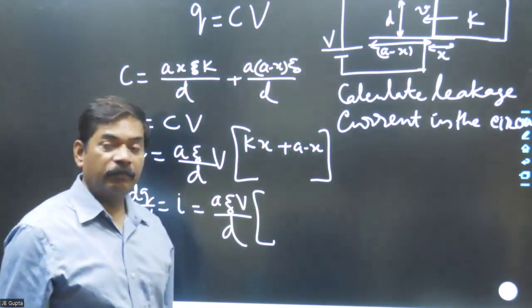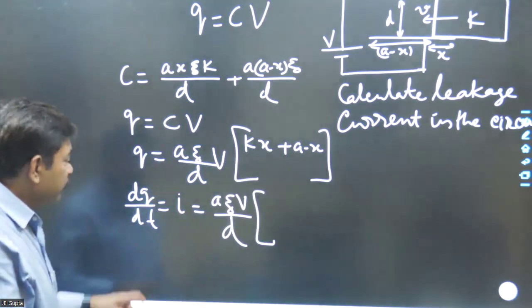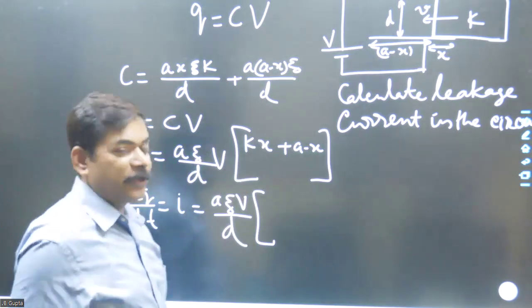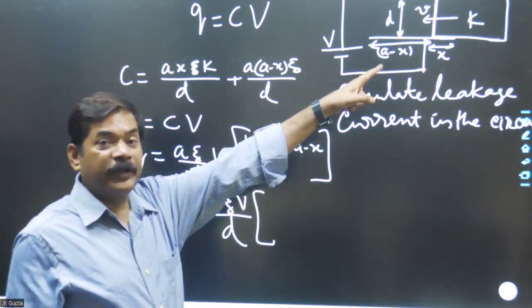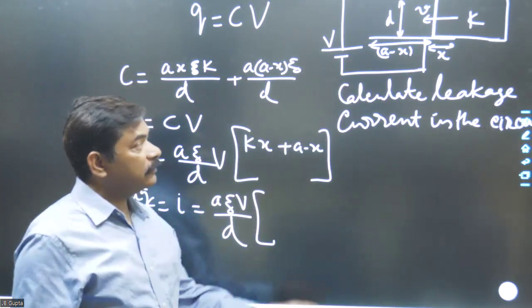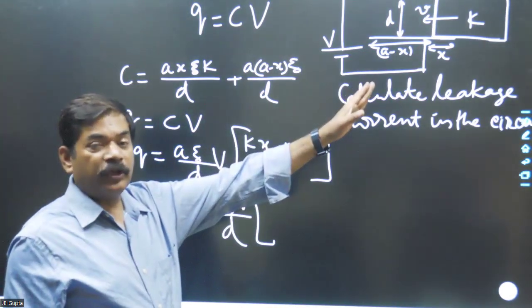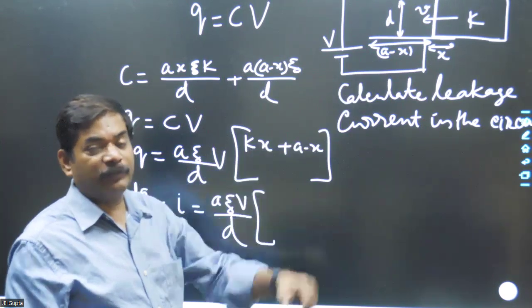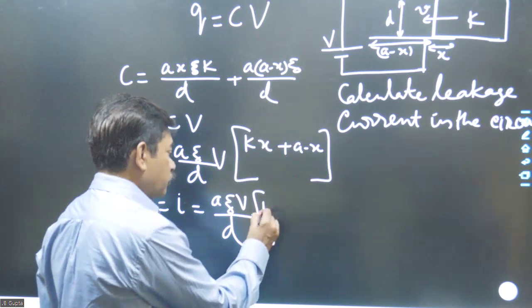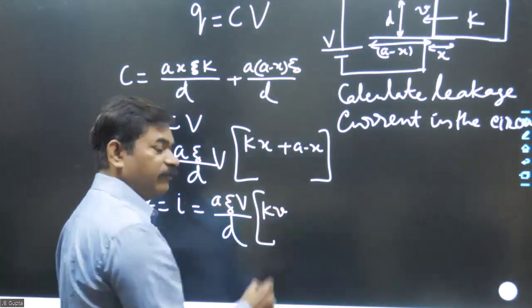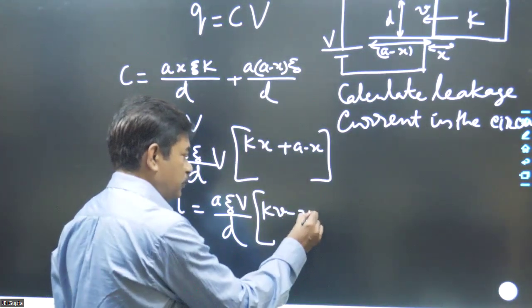into the derivative, because we are differentiating with respect to time. The K x derivative will be K dx by dt. dx by dt is the velocity of the dielectric, since x is the distance inside it, and the rate at which you carry it inside is dx by dt. So it is Kv, plus the derivative of A, which is 0, minus v.